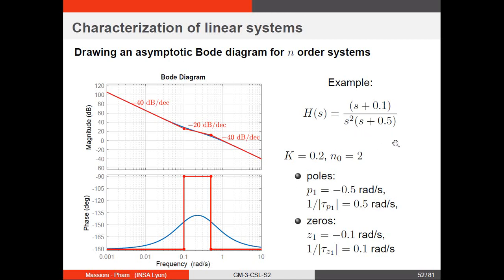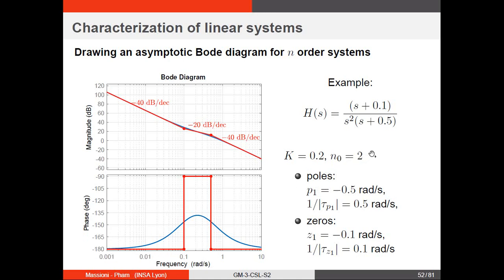So we have a pole at 0.5 radians per second with negative real part, and the zero at 0.1 radians per second with negative real part. So we start on the left with the asymptote, and n naught is 2, so we have minus 180 degrees here as a starting point, since 2 times minus 90 makes minus 180.